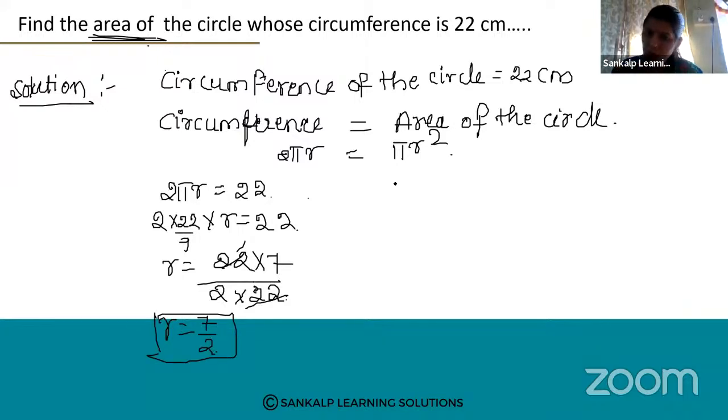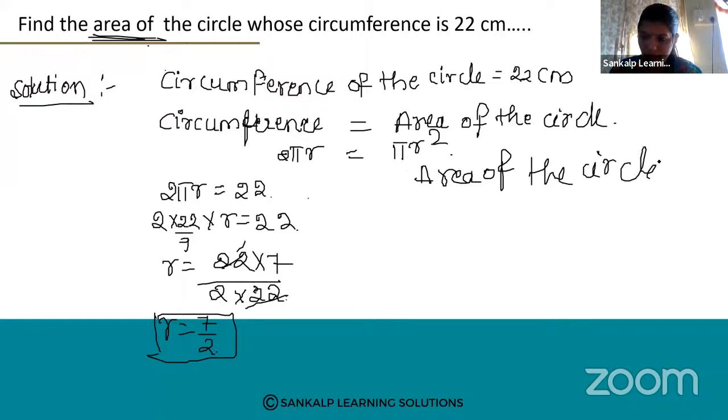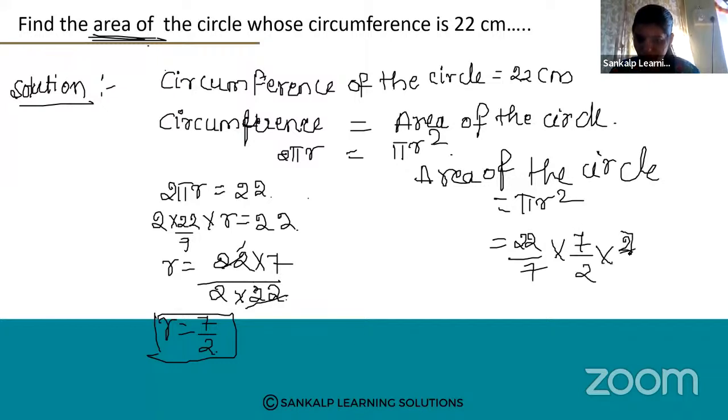This is the radius of the circle. Now we are going to find out the area of the circle. Area of the circle is pi r square, right? Pi means 22 divided by 7 and r value is 7 divided by 2 into 7 divided by 2. 2 ones are 2, 11s are 7 and 7 will get cancelled. So 11 into 7 divided by 2, that is 77 divided by 2.